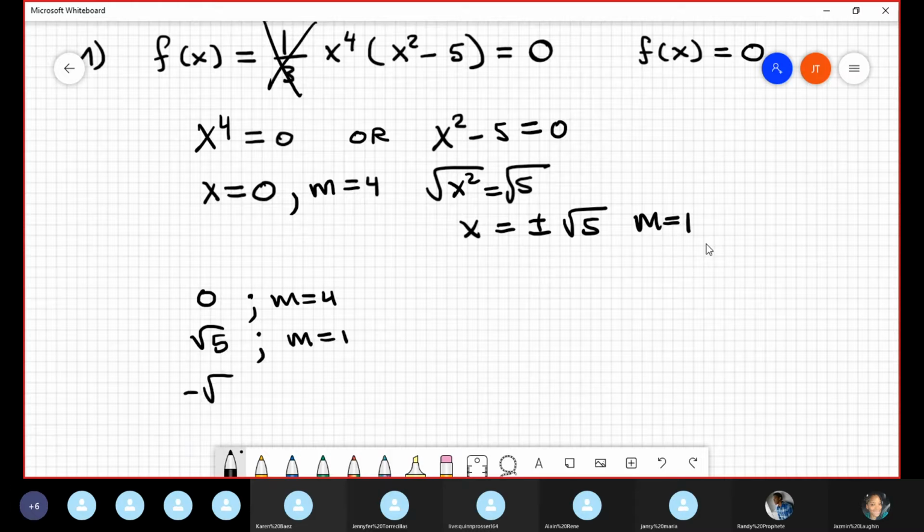And negative radical 5 multiplicity 1. Entonces, when the multiplicity is even number, touch. When the multiplicity is odd number, cross the x. Entonces, what do you suppose is the option que you select?